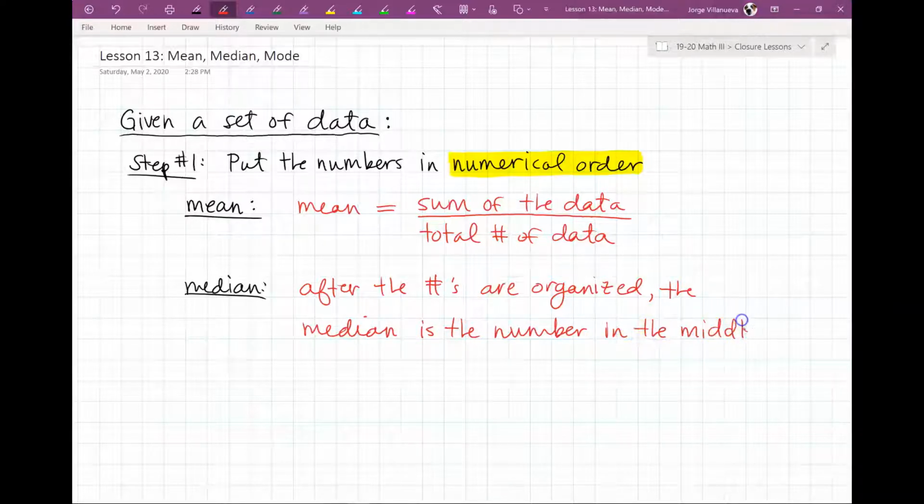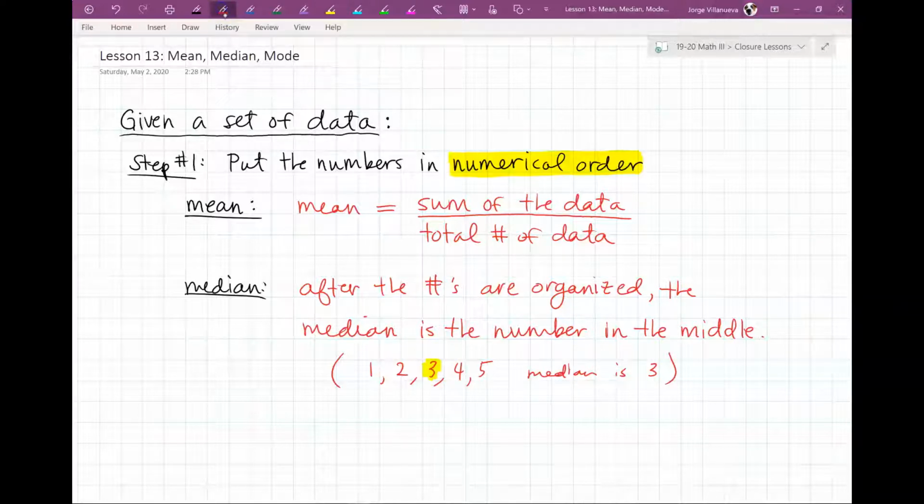Just to give you an idea, if we did 1, 2, 3, 4, 5, then the median is 3, because that's the number in the middle.